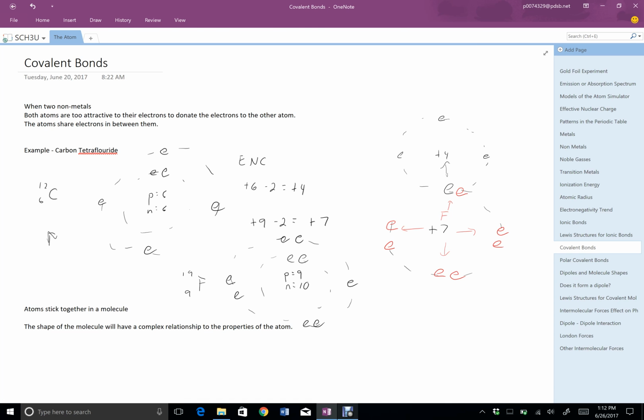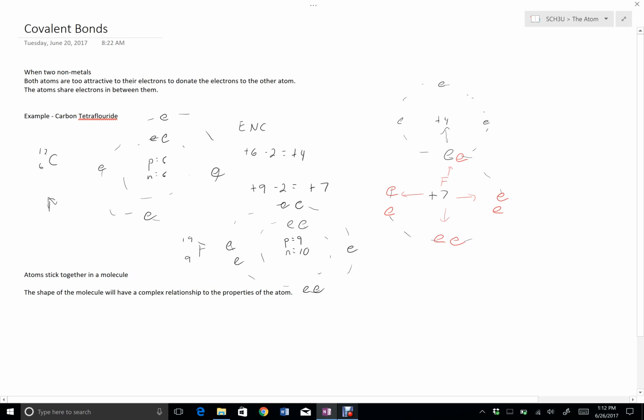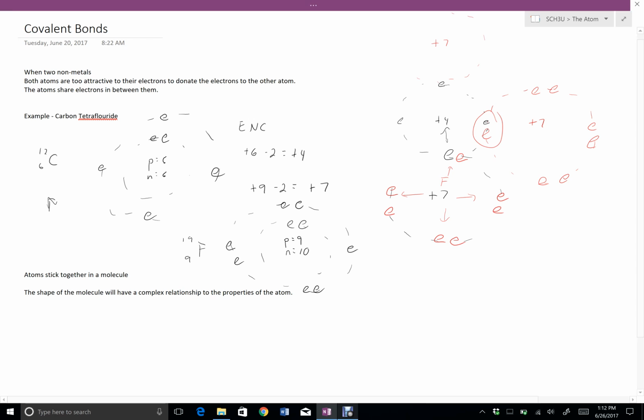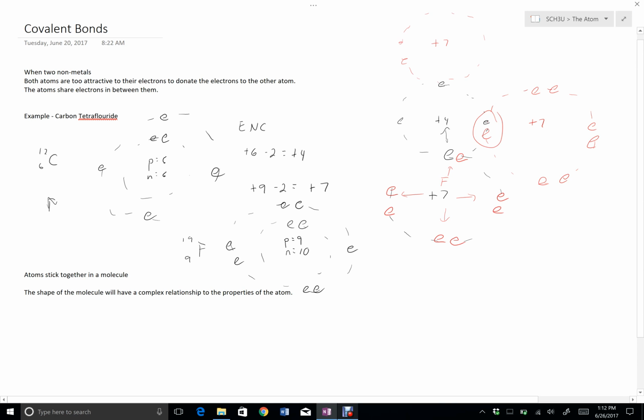Let's look at that. I want to just change back to red here so that I can keep all my fluorines looking a little different. So here's a plus 7, and then that one would have its 7 electrons, sharing one of them in a covalent bond, a shared pair of electrons between 2 atoms. And there's room for another one up here. 2 electrons, 4, 6, and then there's your shared pair.